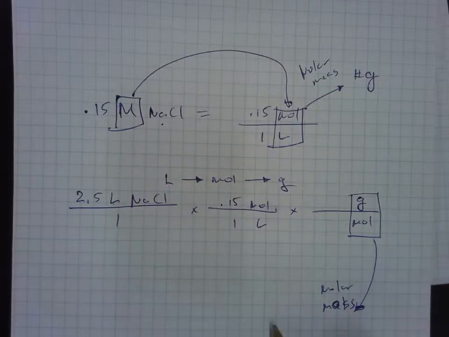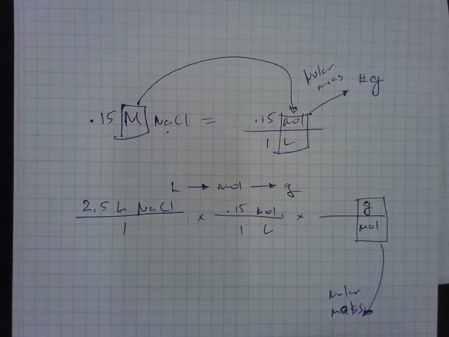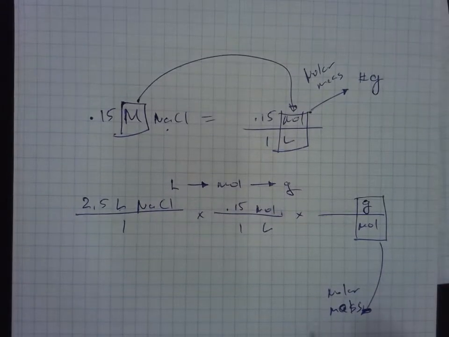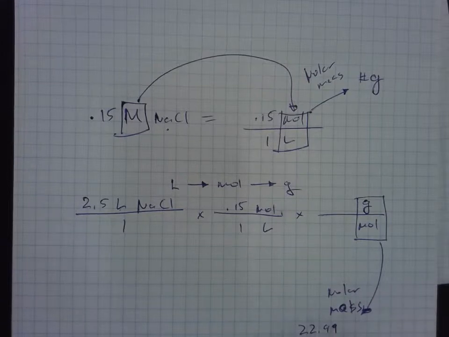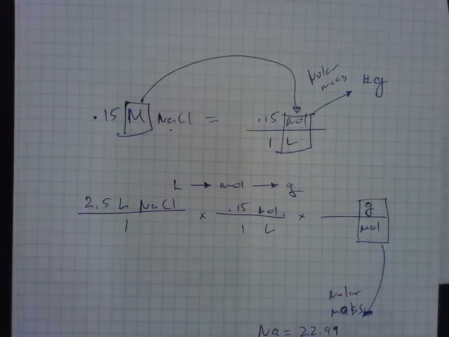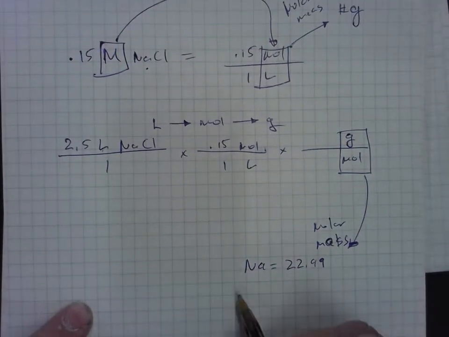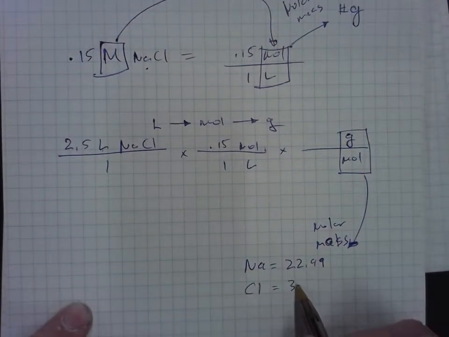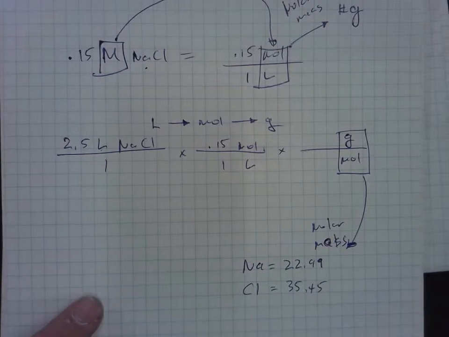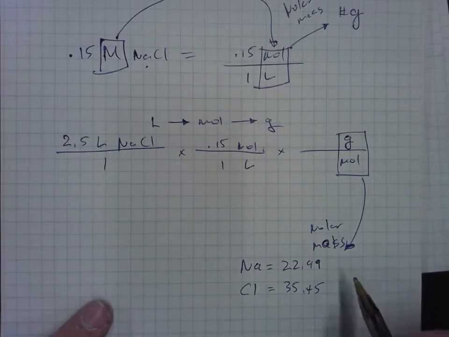Well, what is the molar mass of NaCl? Look on your periodic table. I don't have one with me, but I remember, because I've done this so many times, that 22.99 is sodium, and Cl, chlorine, is 35.45. I've memorized it because I've been doing this for so long.